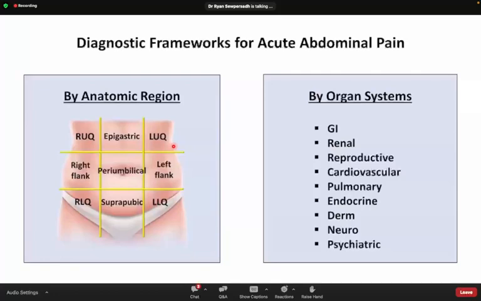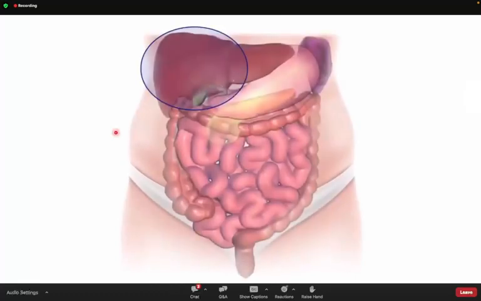Now, I'm going to go through specific etiologies while traveling around the abdomen, starting in the epigastric region. We said that pain in the right upper quadrant could be liver or gallbladder pathology.